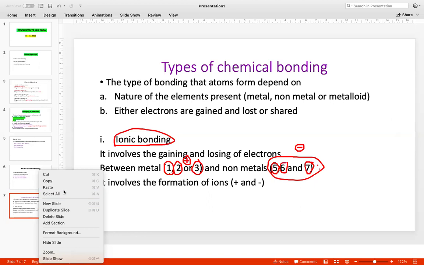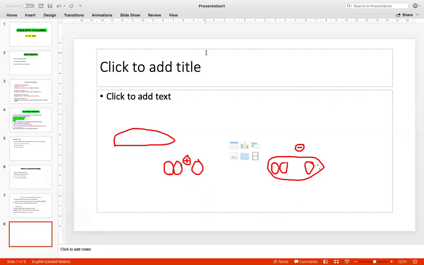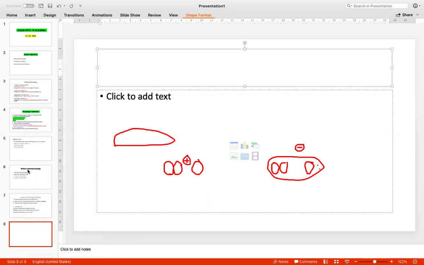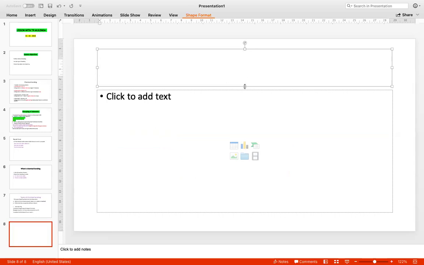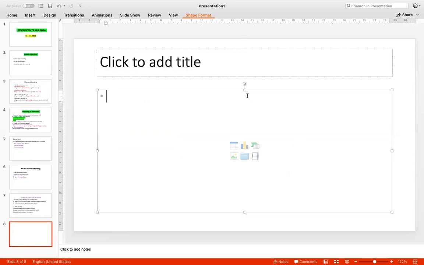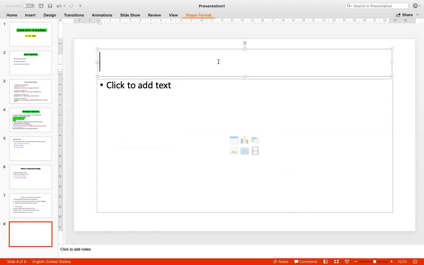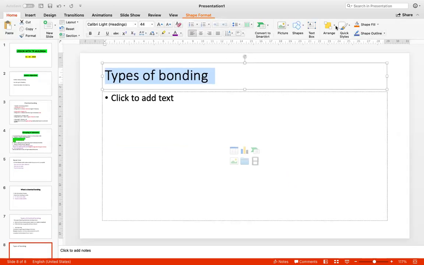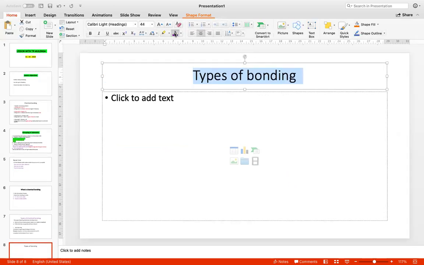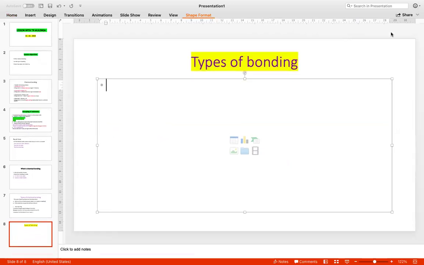We look at the other one, which is called covalent bonding. We're still talking about types of bonding, and the third is called covalent bonding. It is simple, guys.